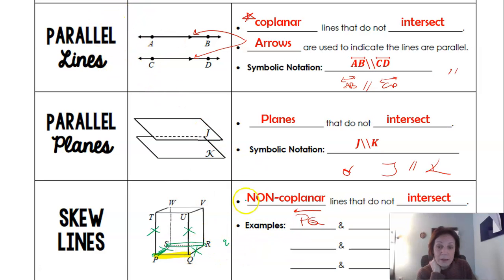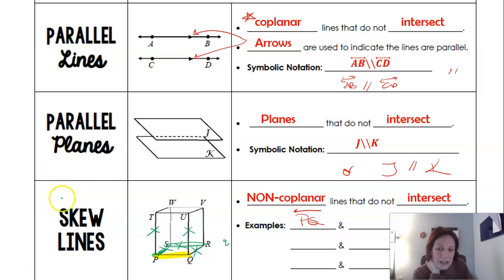If you think of this as a room, PQ, QR, SR, and SP make up the floor. This is the floor that's running along one side of the room. This is the floor that's running along the other side of the room. These two are coplanar. They're both in the plane of the floor. So this isn't going to be skew.